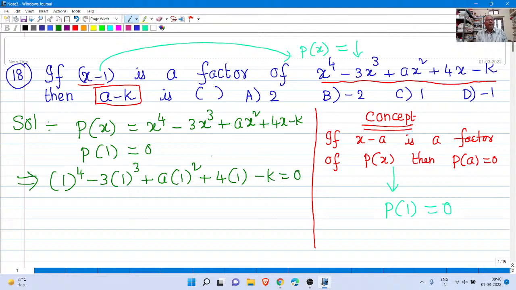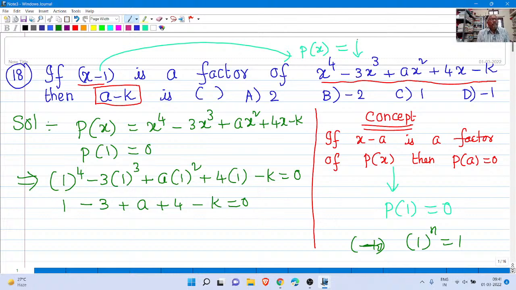Simplify carefully. My dear students, remember, 1 to the power of any natural number is 1. So here we get 1 minus 3 into 1 cube plus a into 1 square plus 4 minus k equals 0. So now you need to simplify.